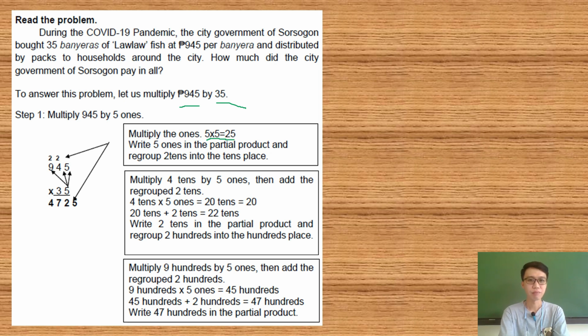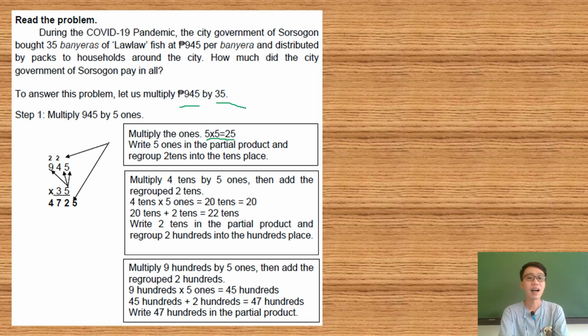Next, multiply 4 tens by 5 ones, then add the regrouped 2 tens. 4 tens times 5 ones is equal to 20 tens. 20 tens plus 2 tens is equal to 22 tens. Write 2 tens in the partial product and regroup 2 hundreds into the hundreds place.